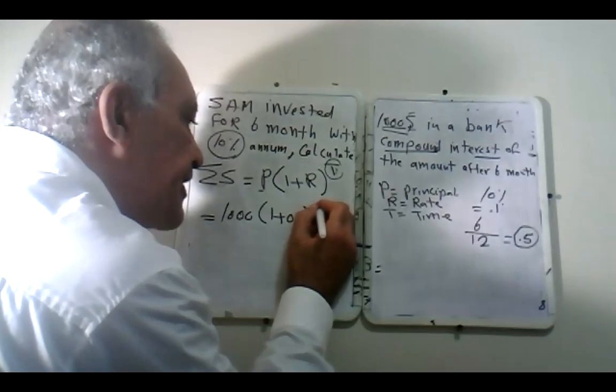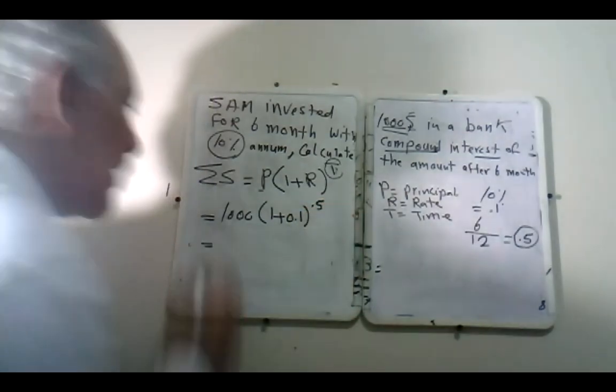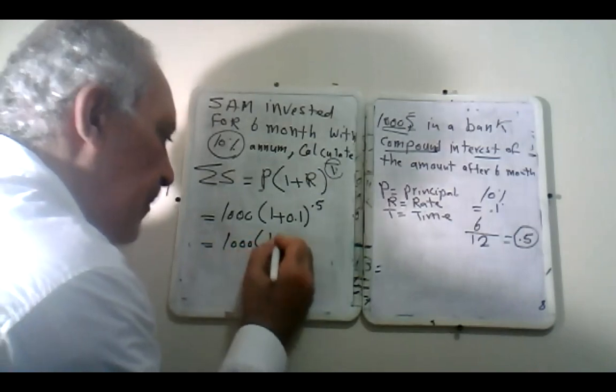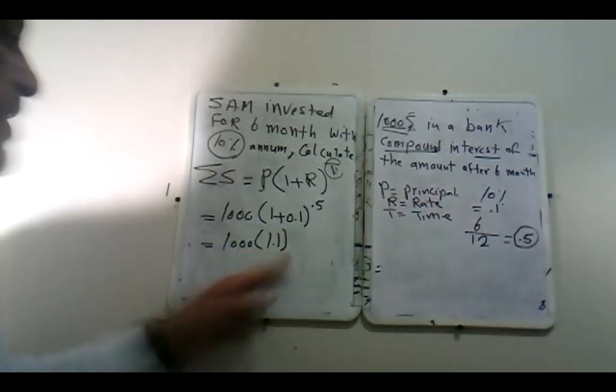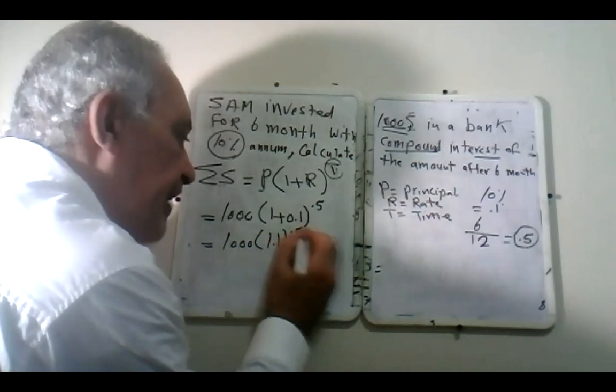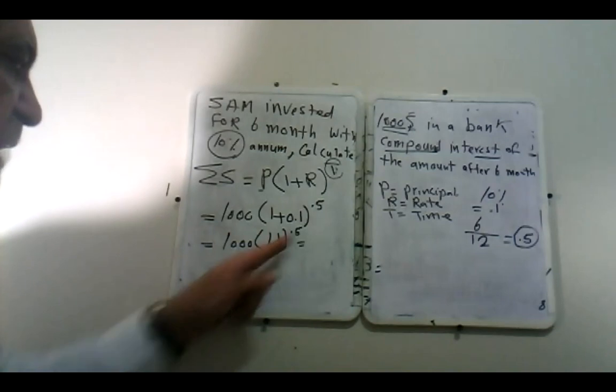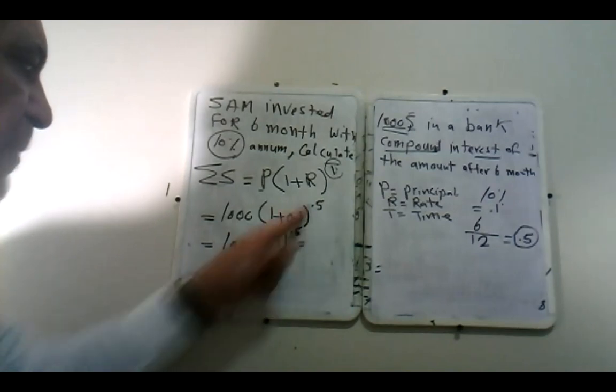So again, we'll do the same thing. $1,000 multiplied by 1.1, this is power 0.5. Like we said, 1 plus 0.1 is 1.1, power 0.5.